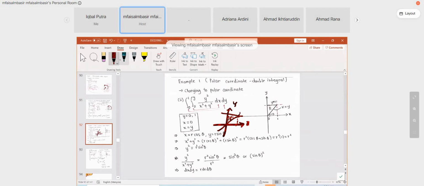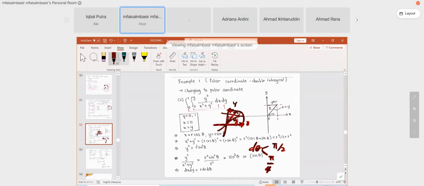And then for the angle, start here, another one is here. So this is exactly 45, this is exactly 90. So that's why your angle should start from pi over 4 to pi over 2. Remember to use radians. For the radius, here to here. So you have to do some calculations.